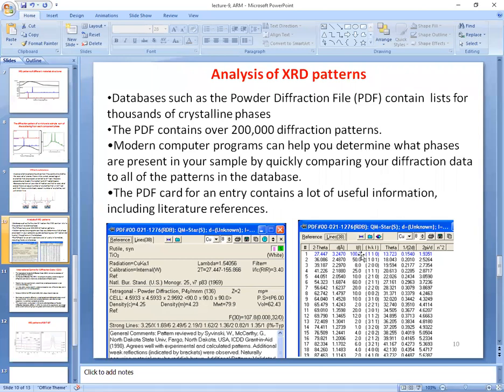Then we analyze which material this is, what its space group is, and what its lattice parameter is. Similarly, we can determine the size of the crystallite and a lot of other information from the XRD data.